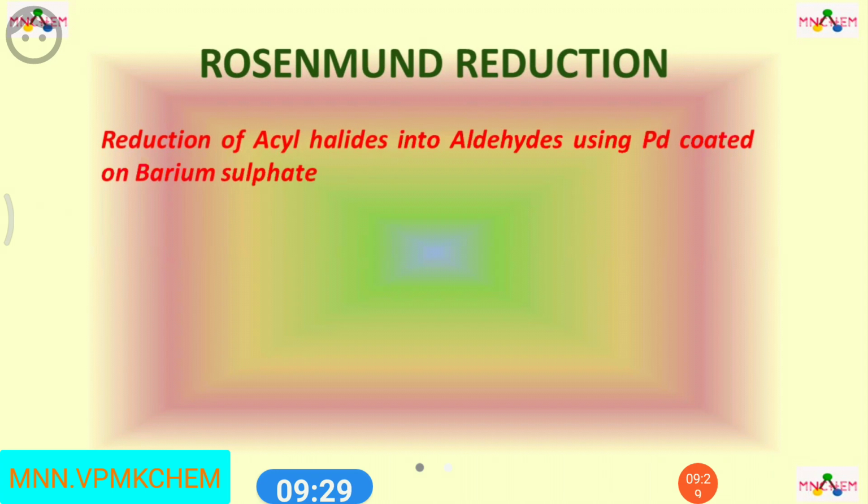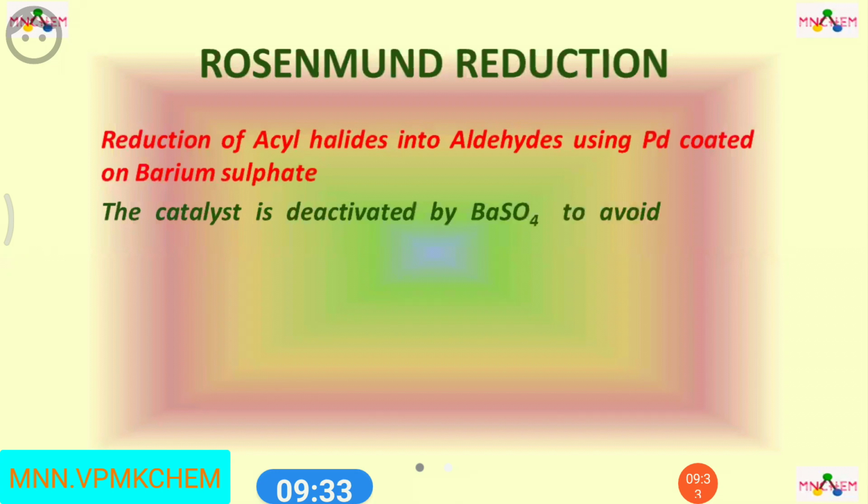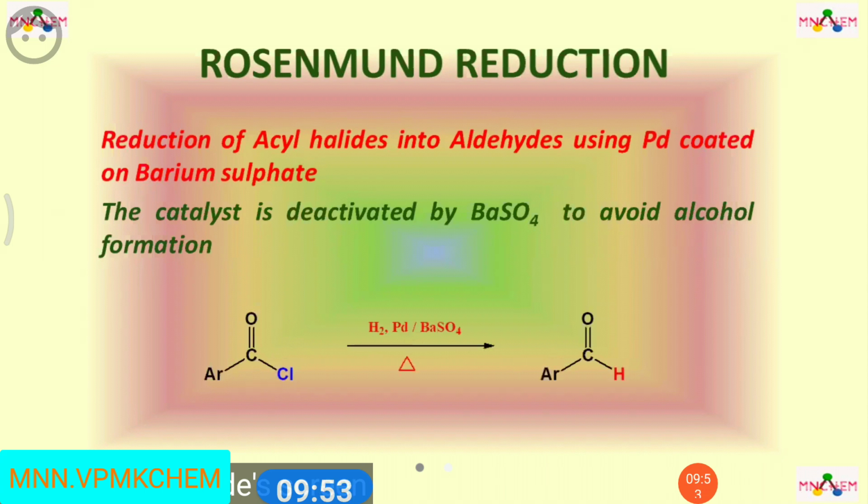The general reaction: the catalyst is supported by barium sulfate, and it also deactivates the catalyst so that the aldehydes cannot be further reduced to alcohols.